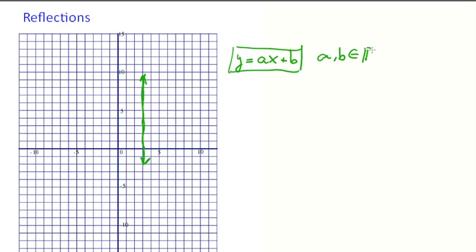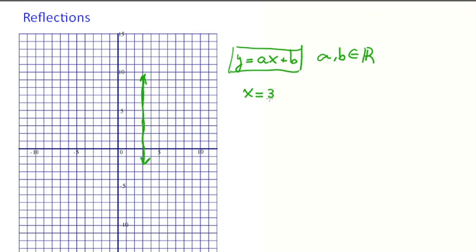Or real numbers. More generally, they would be real numbers. So you can have decimal places, you can have numbers which cannot be written as fractions, right? So if this is your line, your mirror line, well, this is a constant x value. All points in this line would have x equals 3.